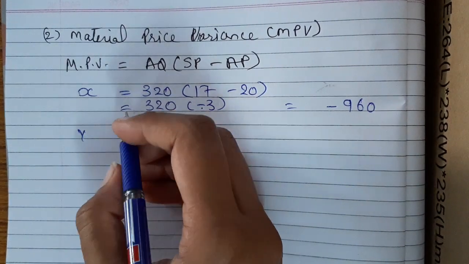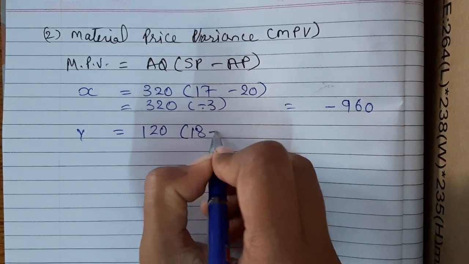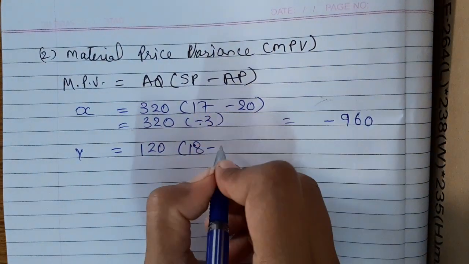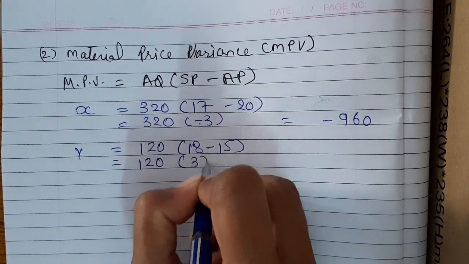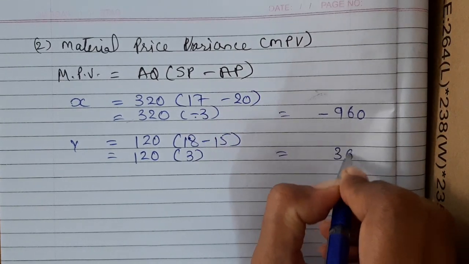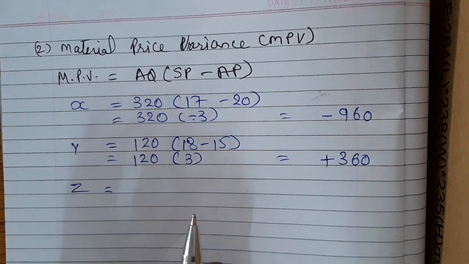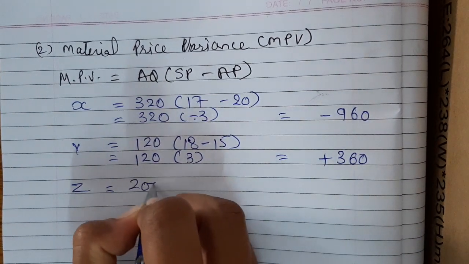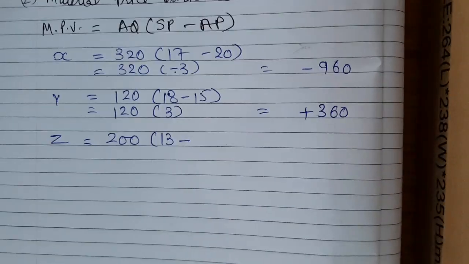For Y, actual quantity is 120, standard price is 18 and actual price was 15. So that would be 120 into positive 3, so that would be 360 positive. For Z, the actual quantity is 200, standard price is 13 and actual price was 9.